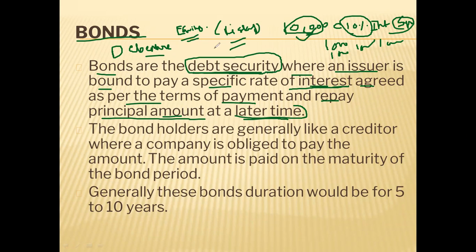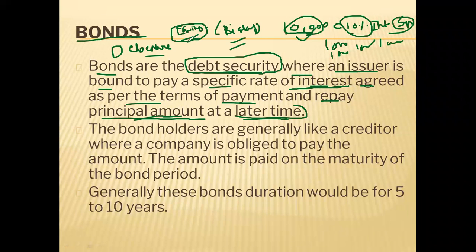Equity instruments are always risky compared to debt instruments. But the return earned in equity will be more than in debt instruments, because debt instruments are less risky. You will get periodic interest, and the amount will be repaid. But the rate of return will always be higher in equity.